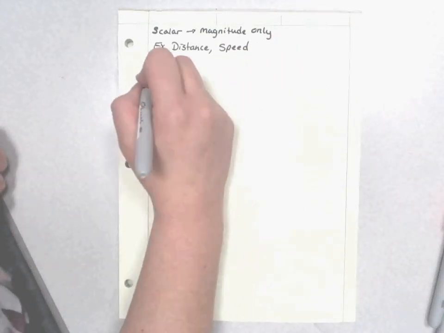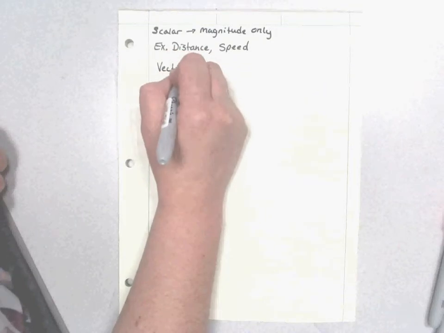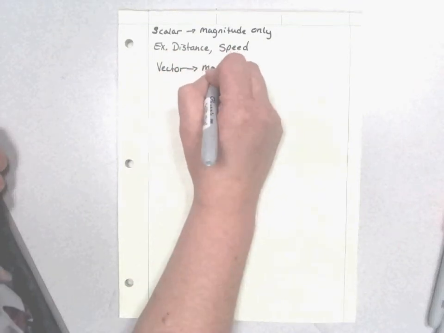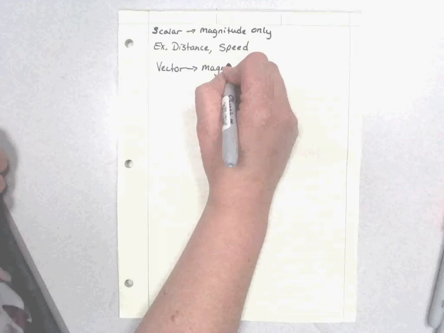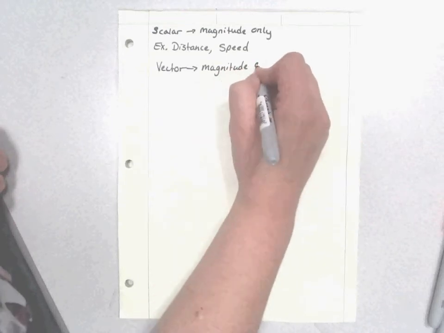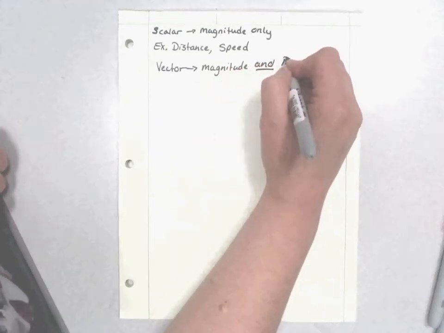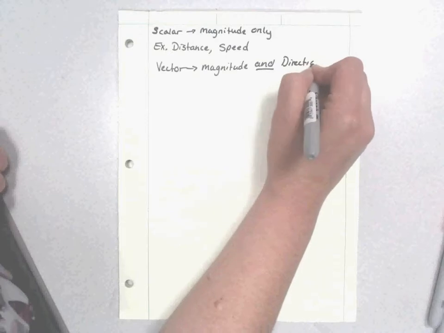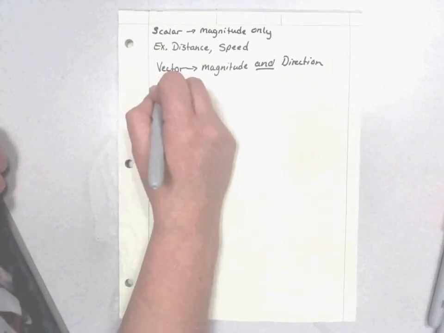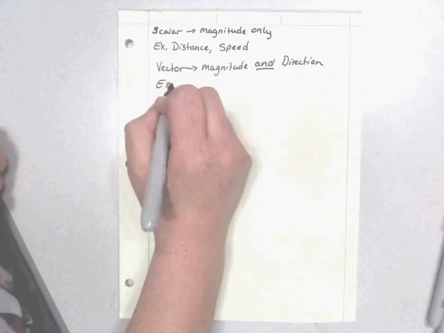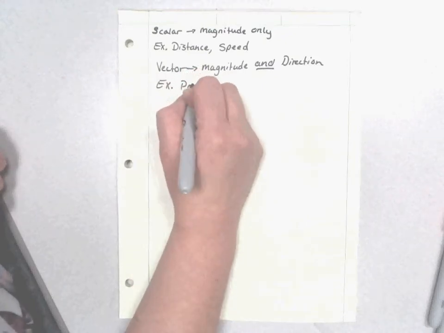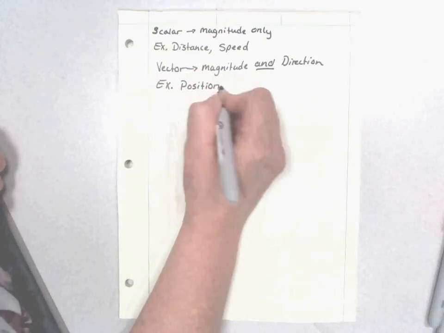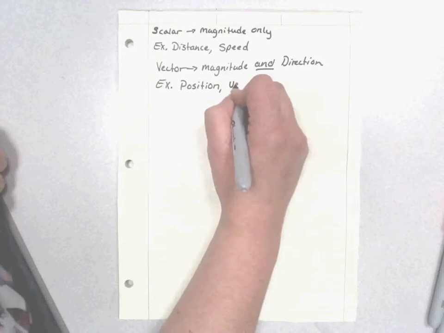A vector has magnitude and direction. An example of this, instead of just distance, would be position, and instead of speed would be velocity.